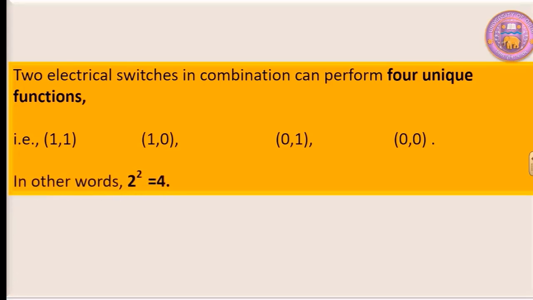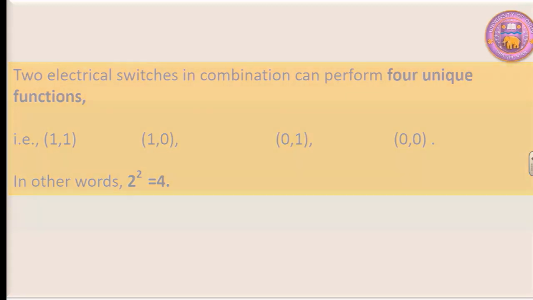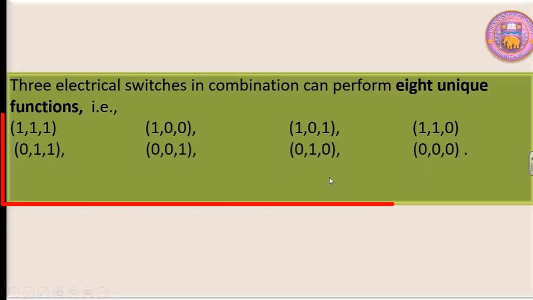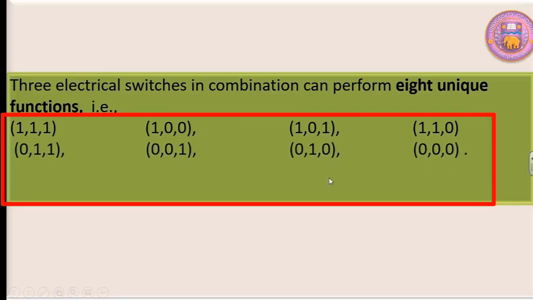In other words, we can say 2 raised to power 2 is equivalent to 4. Three electrical switches in combination can perform 8 unique functions. For example, all the three switches are on. First switch is on, second and third switch are off. First switch is on, second is off, third is on, and so on. In this case, we find that three electrical switches in combination can have 8 unique functions. We can put it like this: 2 raised to power 3, that is equivalent to 8.